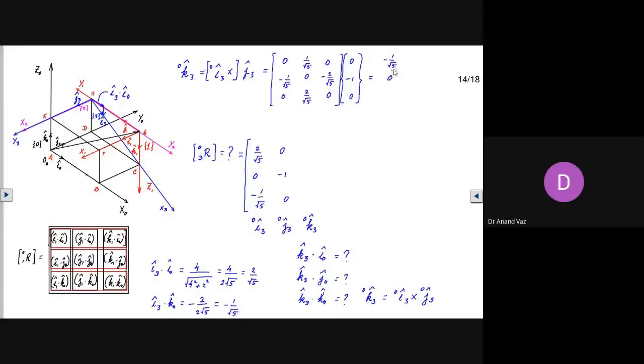So this part is 0. And here you get 0 minus 2 by root 5, 0. So this is our third column, which is K. All that you have to do now is write this third column here. So you get minus 1 by root 5, this is 0 and this is minus 2 by root 5.